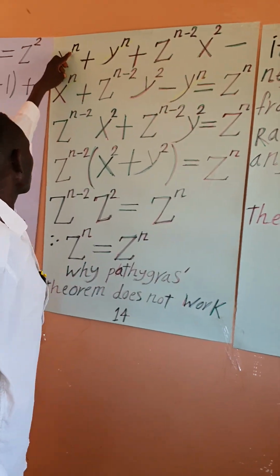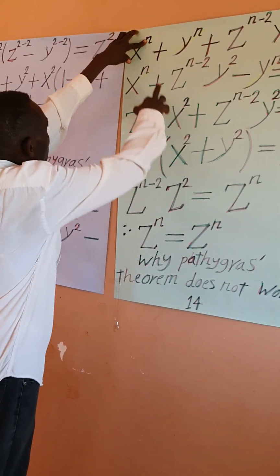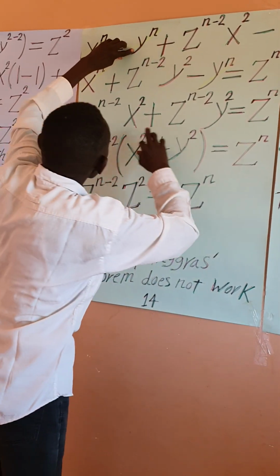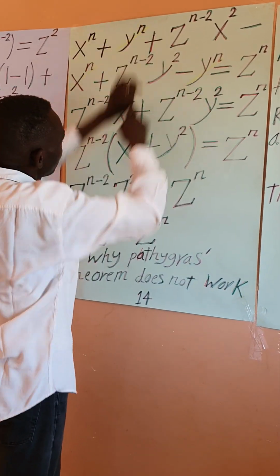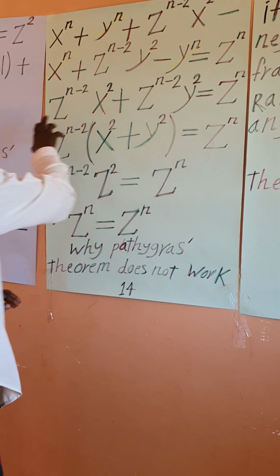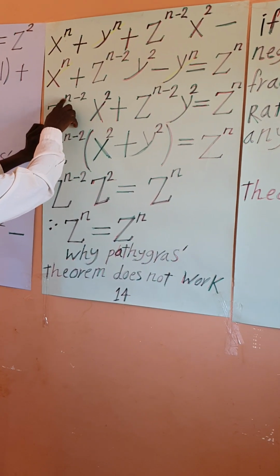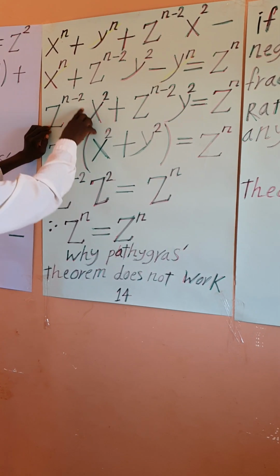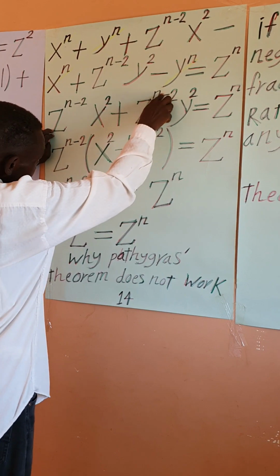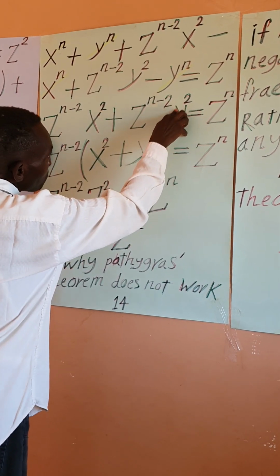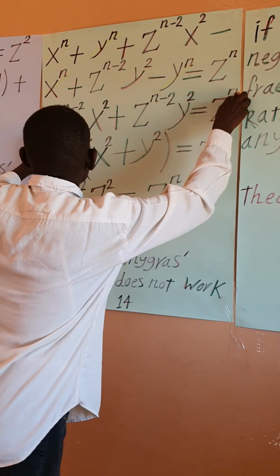We cancel x to n with x to n and y to n with y to n. The equation becomes z to n minus 2 x squared plus z to n minus 2 y squared equals z to n.